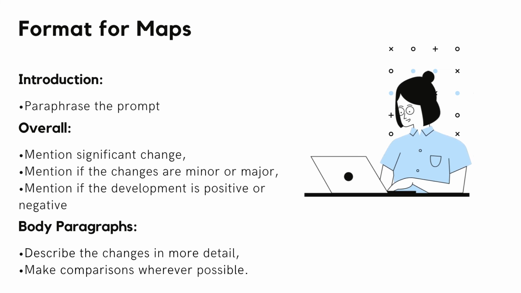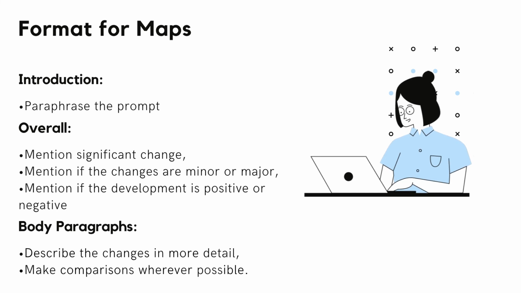Then mention if the changes are minor or major. That means you have to tell if the difference between 2 or 3 maps is very big, small, big or small. And finally, mention if the development is positive or negative. That means if over time the development has improved or has been detrimental.